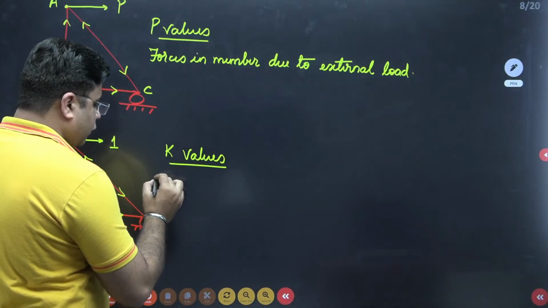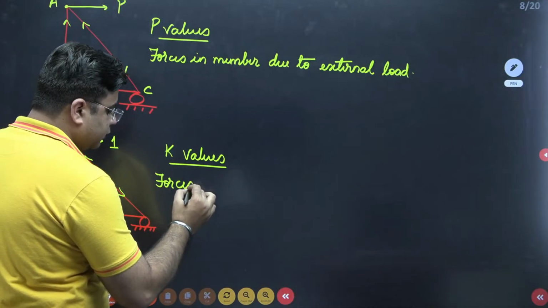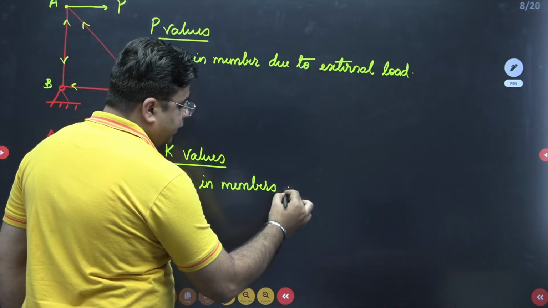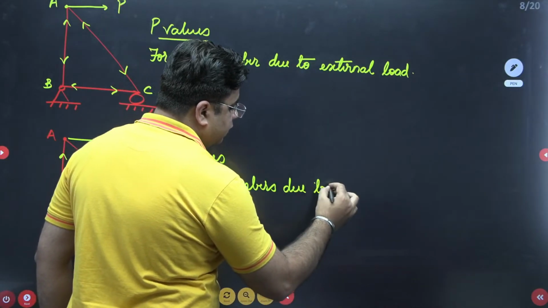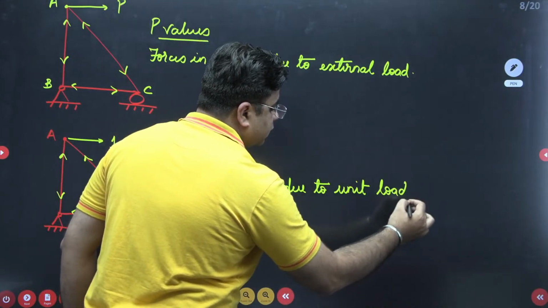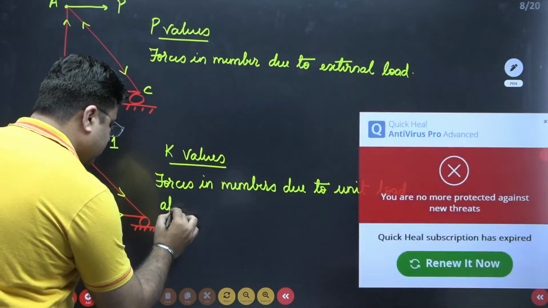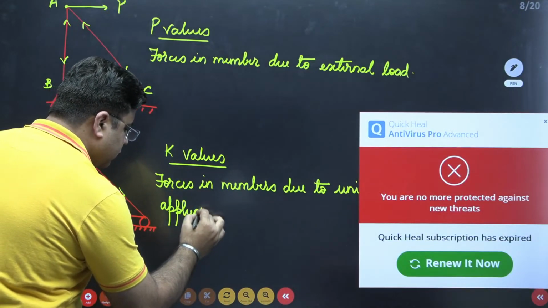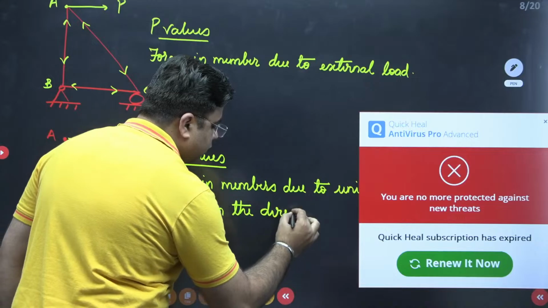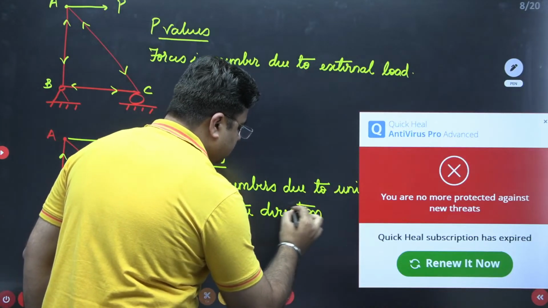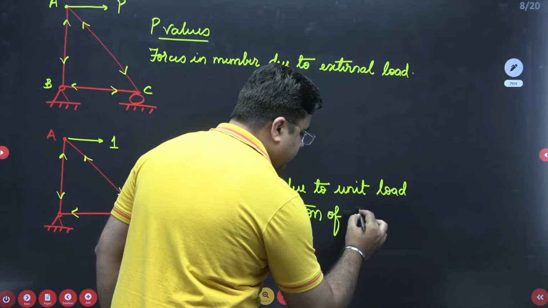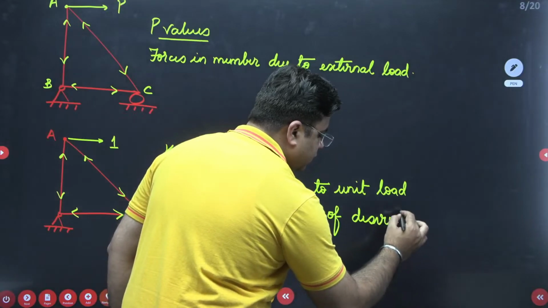K values are forces in members due to unit load applied in the direction of desired deflection.